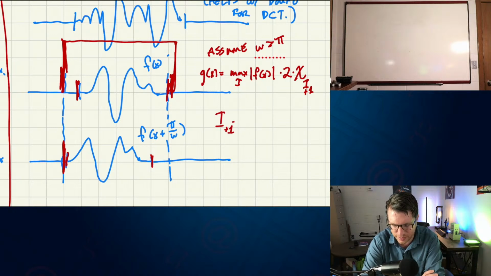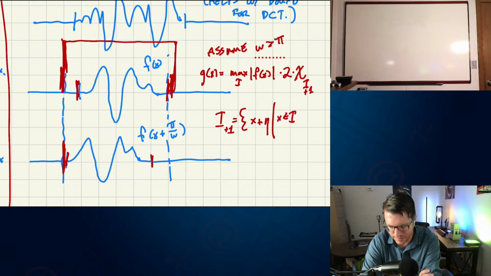So I plus 1 basically is x plus eta for x in I, and eta with absolute value less than 1.